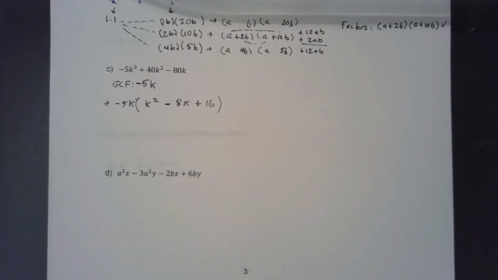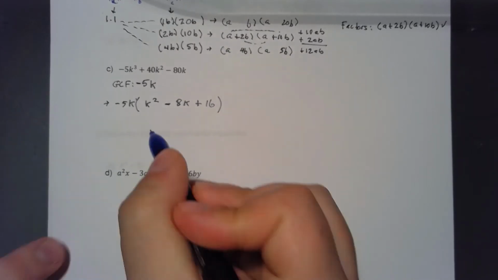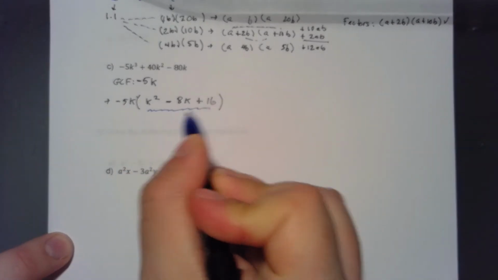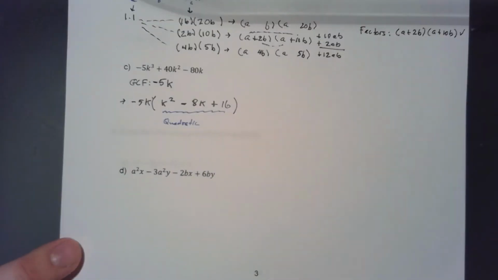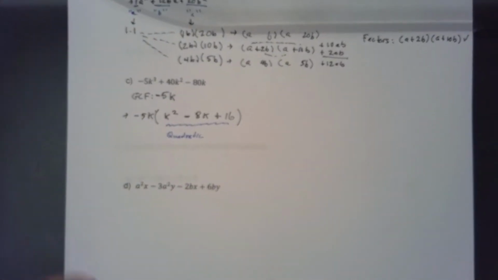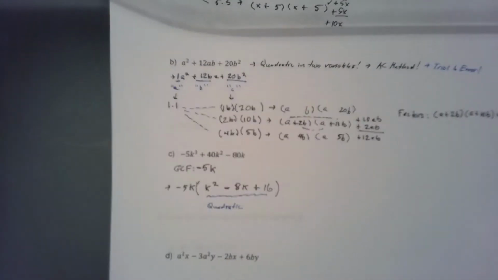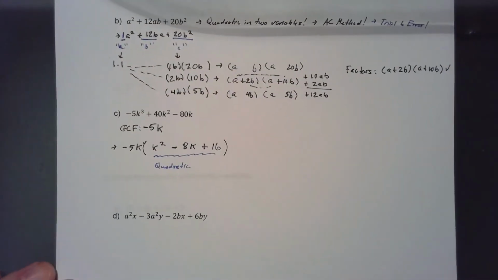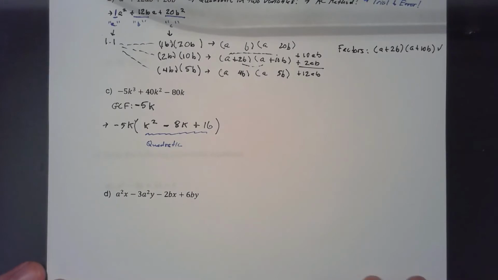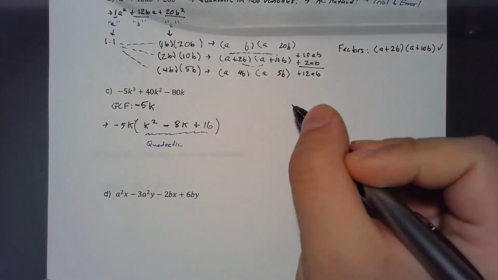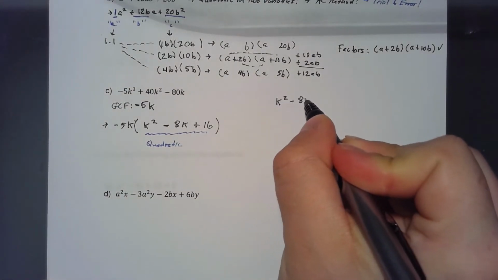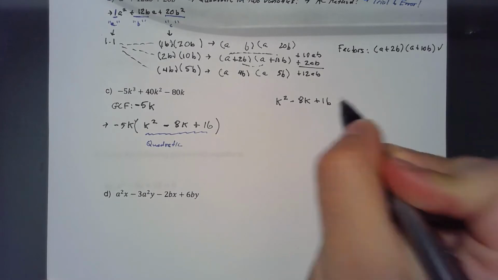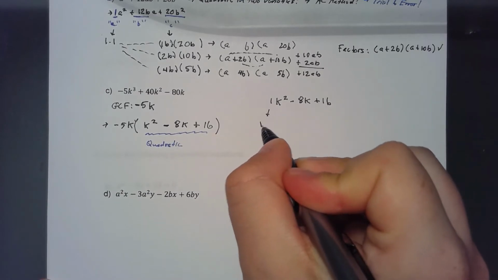Now you're not done. You have to recognize that this is a quadratic. And since the leading coefficient of this quadratic is just 1, I could just do trial and error. So the 1 here gives me factors of 1 and 1.